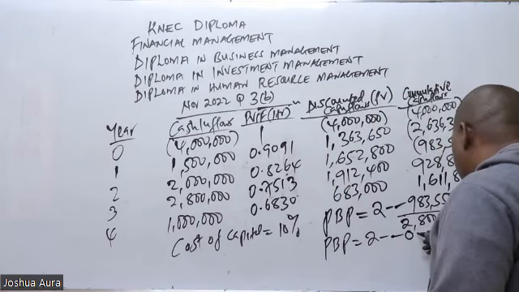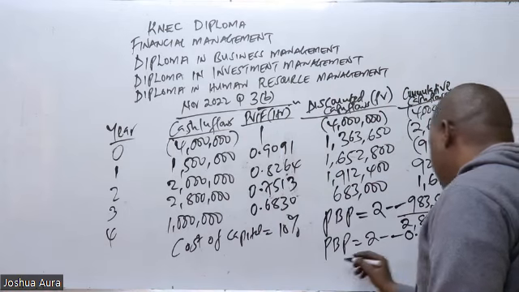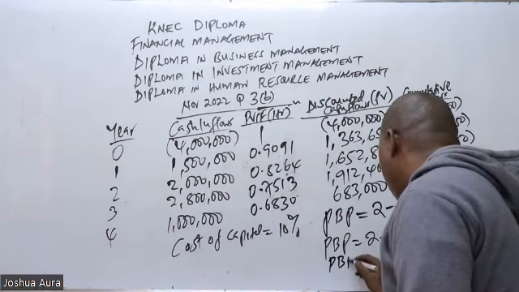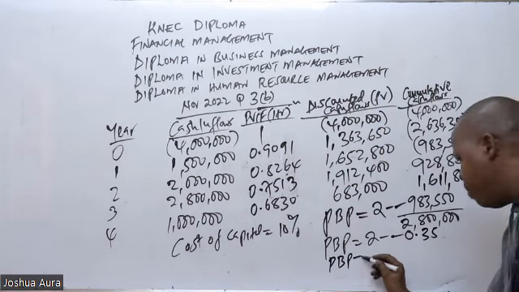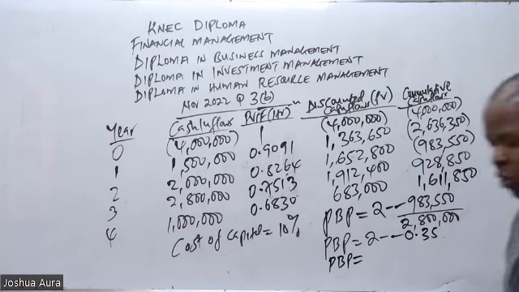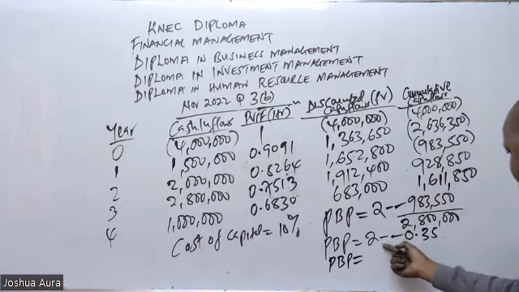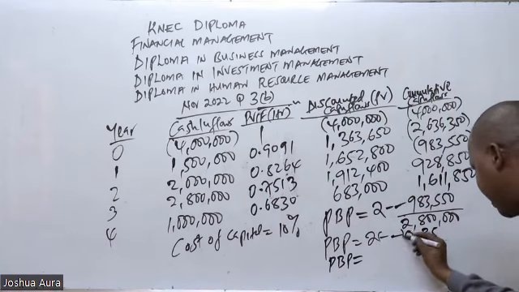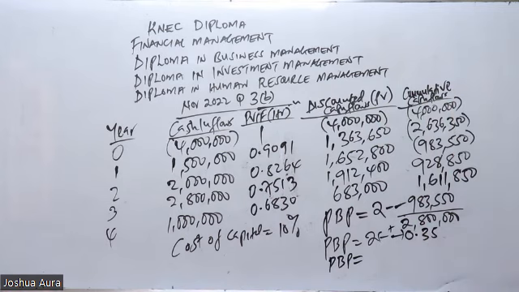Minus 0.35. So our payback period will be equal to 2, minus and minus will give us a positive sign, so it will be 2 plus 0.35.